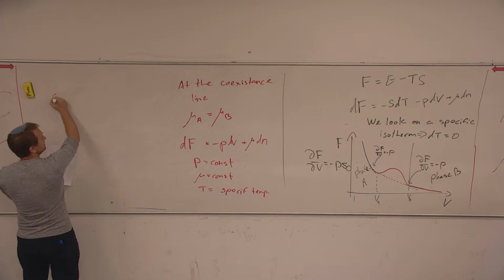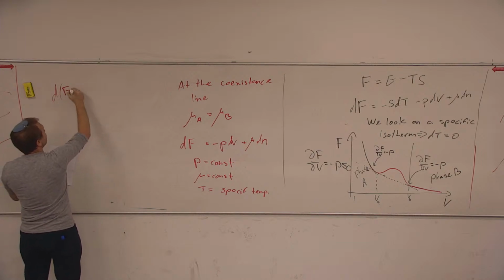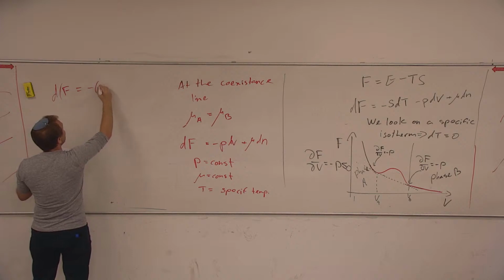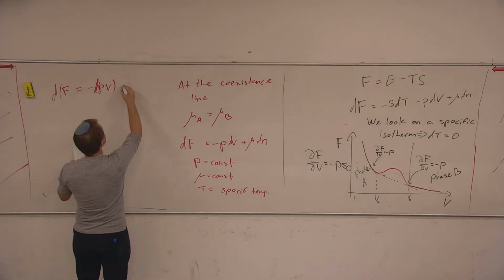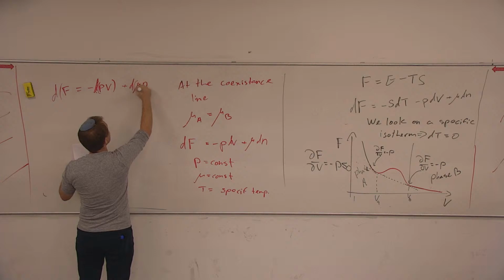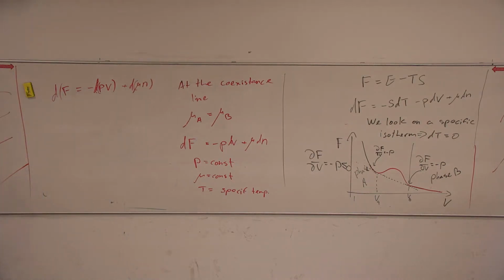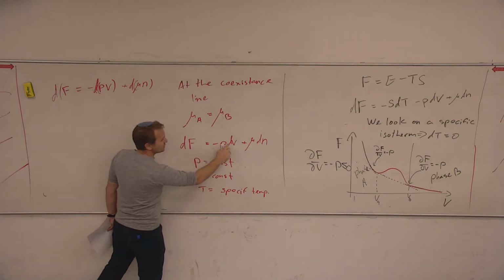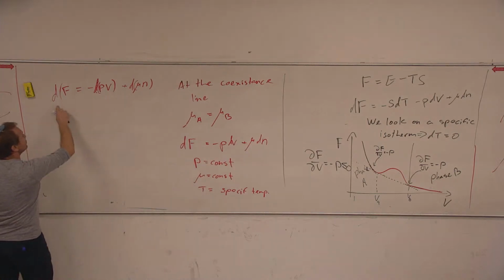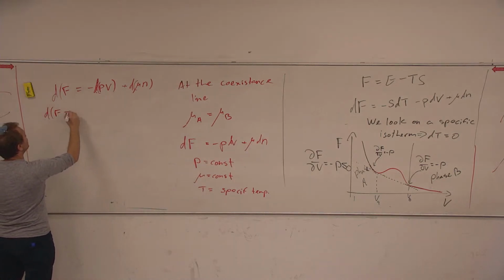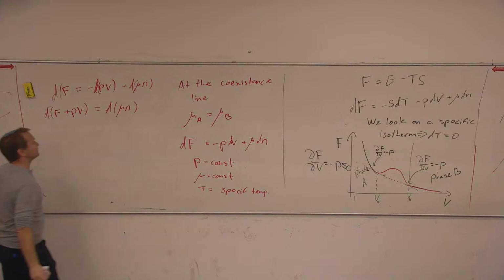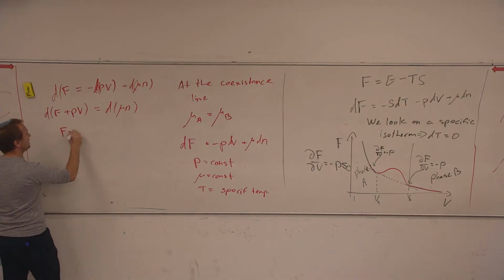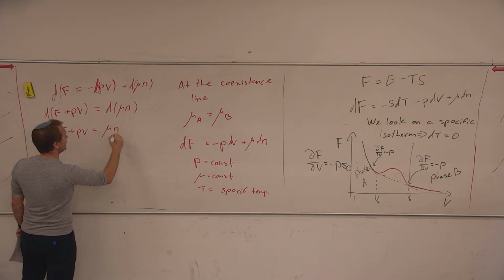Simply that dF equals minus d(PV), because P is constant, plus d(mu N). Mu is constant, P is constant, so I can take those values inside the differentials. Let's move it to the left hand side. So we have dF plus d(PV) equals d(mu N). This means that F plus PV equals mu N.